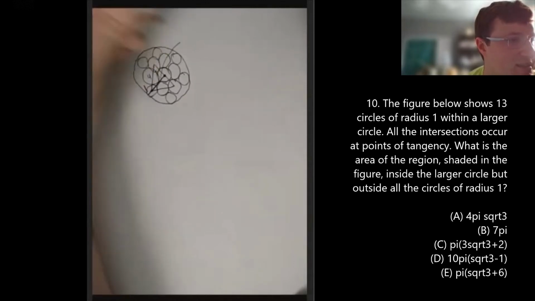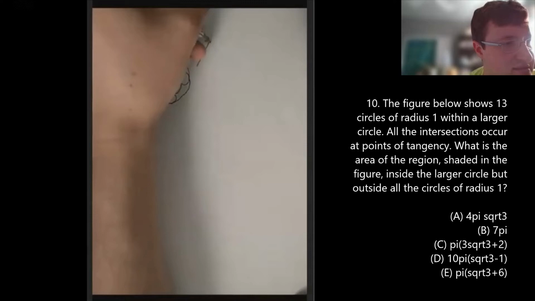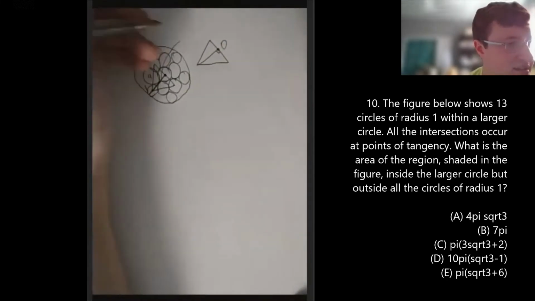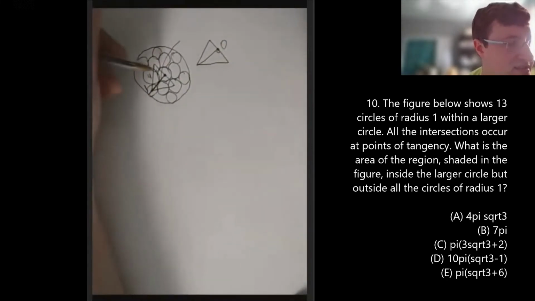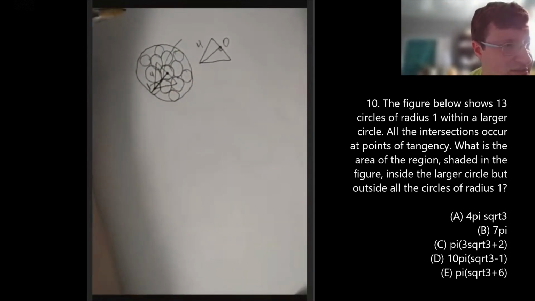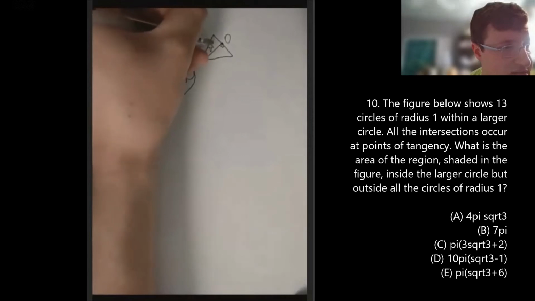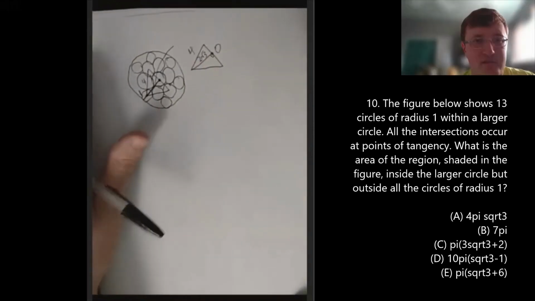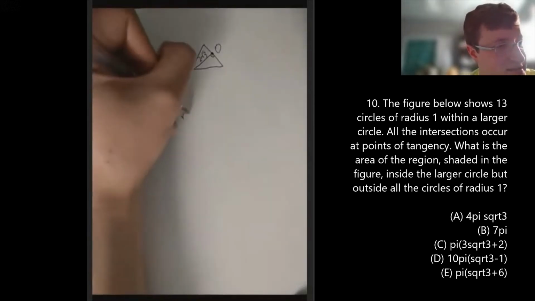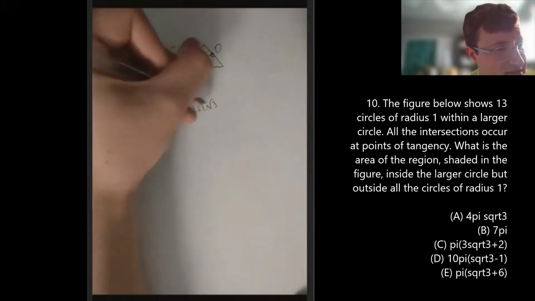So then the height, from the center, which I'm going to call O, is 2 root 3, I think. Okay, yeah. So now the radius is 1 plus 2 root 3.